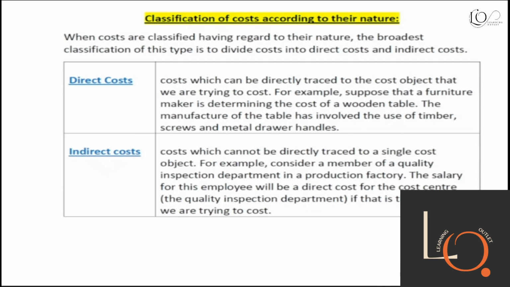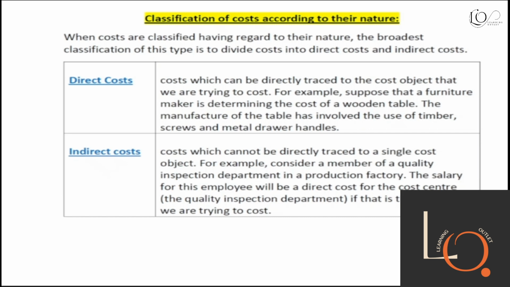These are all indirect. You can't say that making this one wooden table took me 5 seconds or 10 seconds in a machine, so the electricity cost will be divided based on time. It becomes very arbitrary to divide it that way, right? So indirect costs are ones which cannot be directly traced to a single cost object. They are very generic in nature.